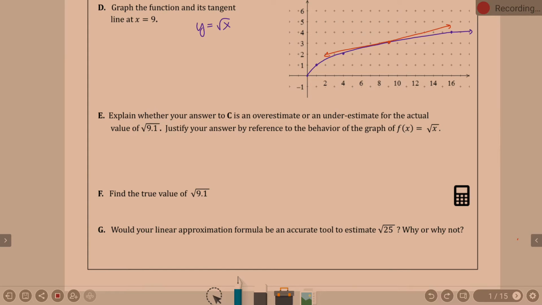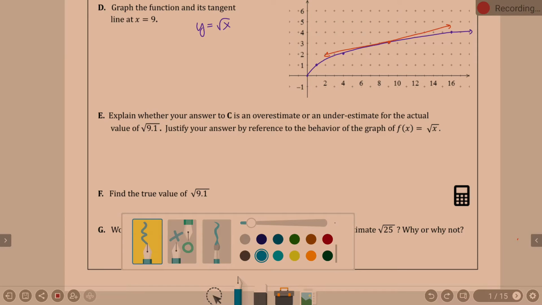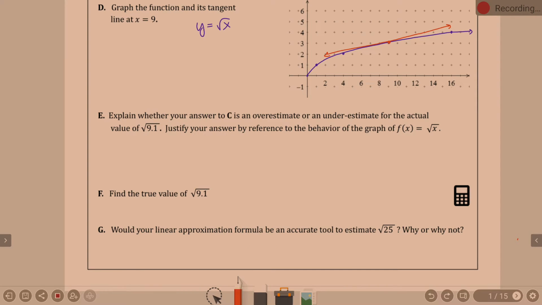So the idea here, that value on C came from the equation of linear approximation, aka the tangent line. And so our tangent line is above the graph here, yes? So right here, this point here is 9, 3.